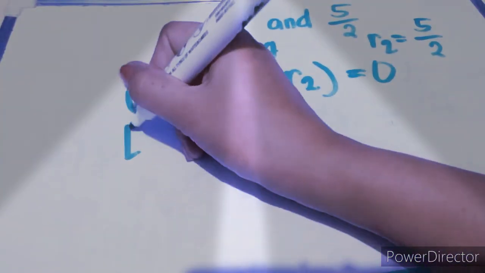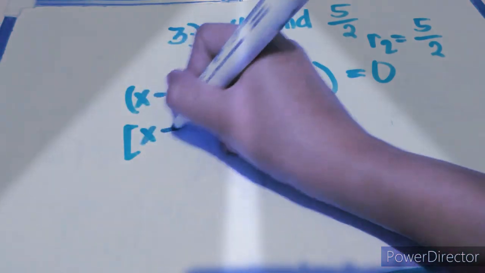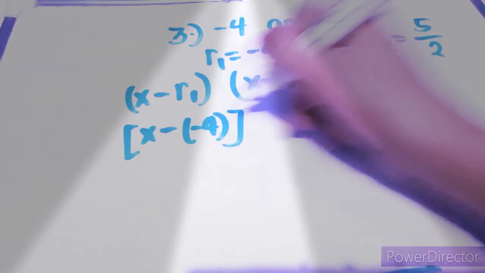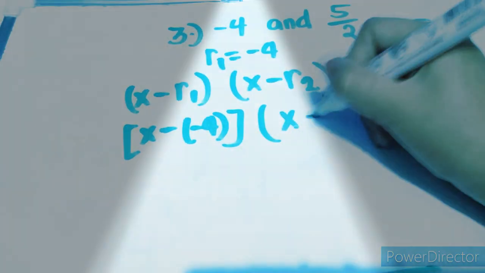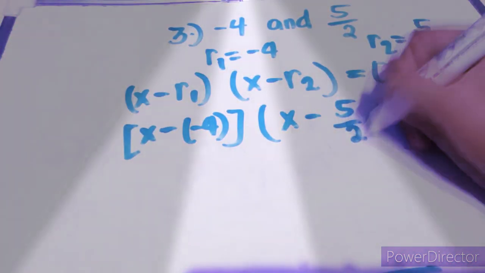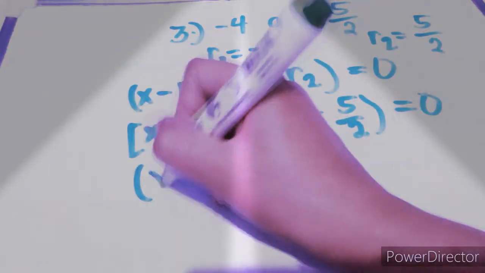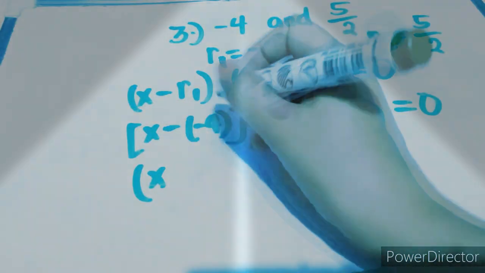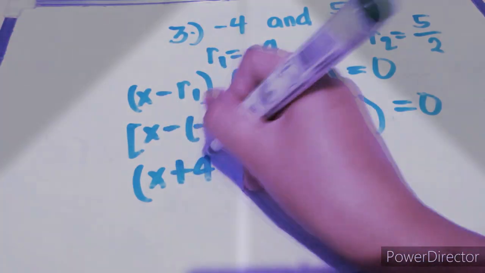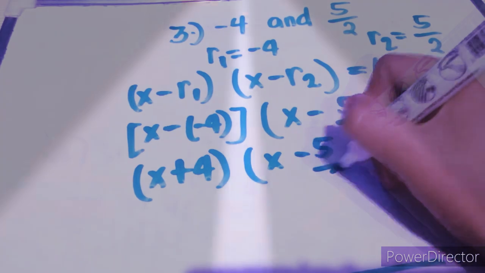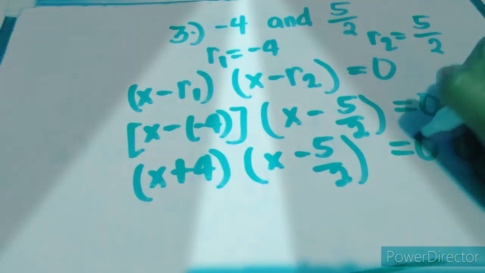So we have x minus negative 4 times x minus 5 over 2 is equal to 0. So we have x, negative times negative 4, so that is positive 4. Then x minus 5 over 2 is equal to 0.